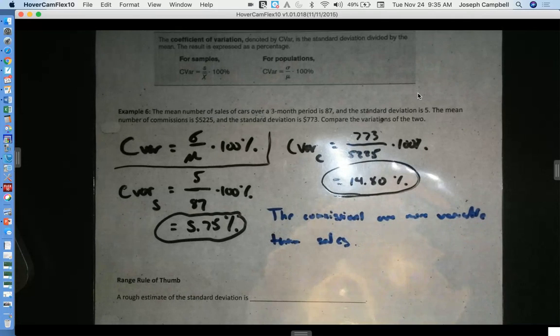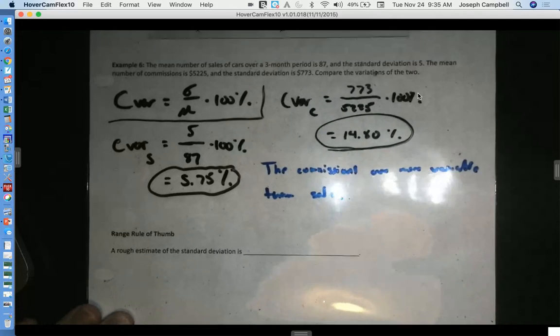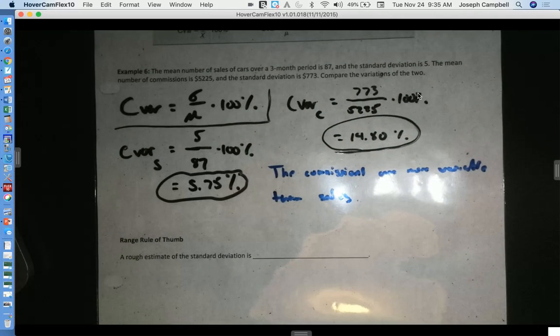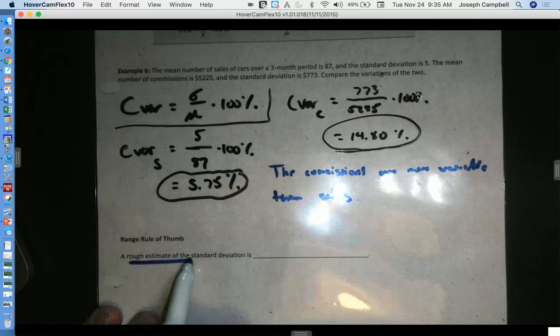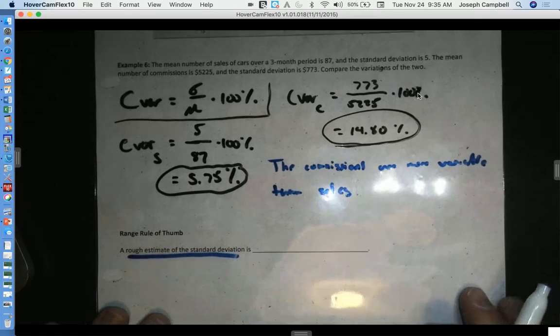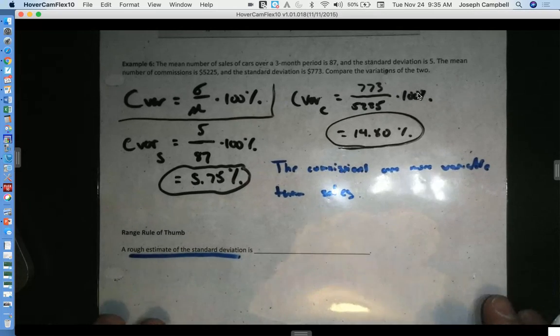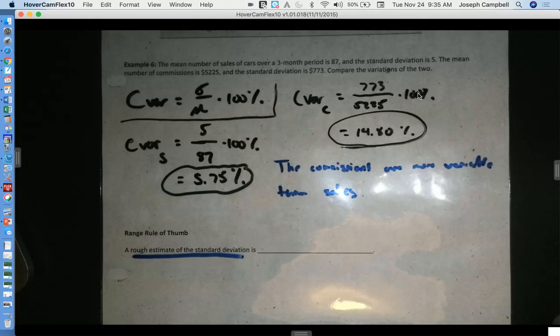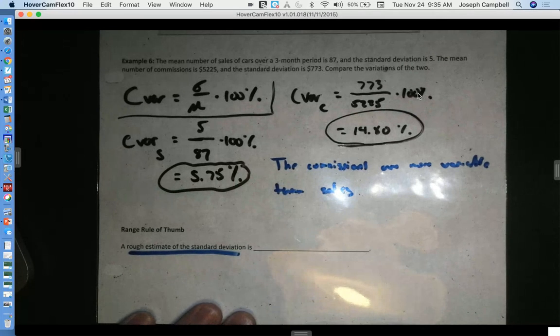There you go. So here's a nice little range rule of thumb. It's something you can hopefully carry around with you. A rough estimate of the standard deviation. Some calculations are done on the back of coffee napkins, and this might be one of them, if you're just discussing something and want to come up with an idea about how variable something is or what the spread is.